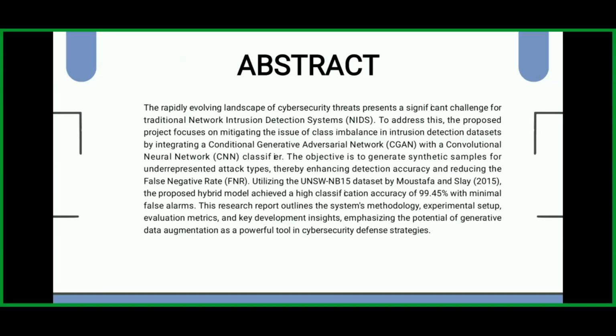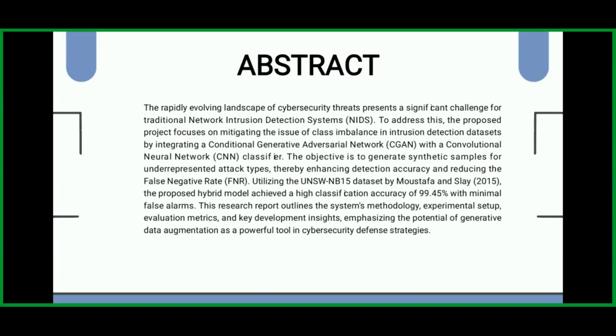A lot of issues were being created in the NIDS system, like class imbalance and false negative responses, because there was a minimum rate of detection of the attacks in the computer datasets and networks. For that purpose, a lot of network datasets were already used.